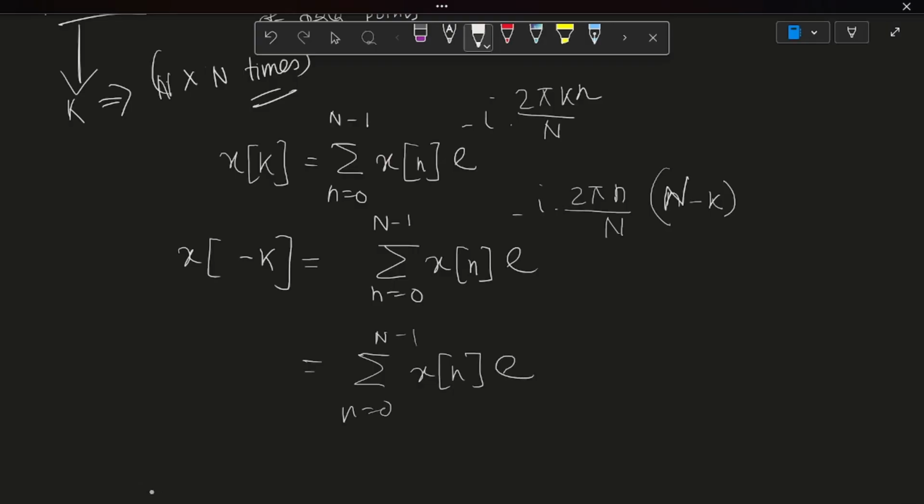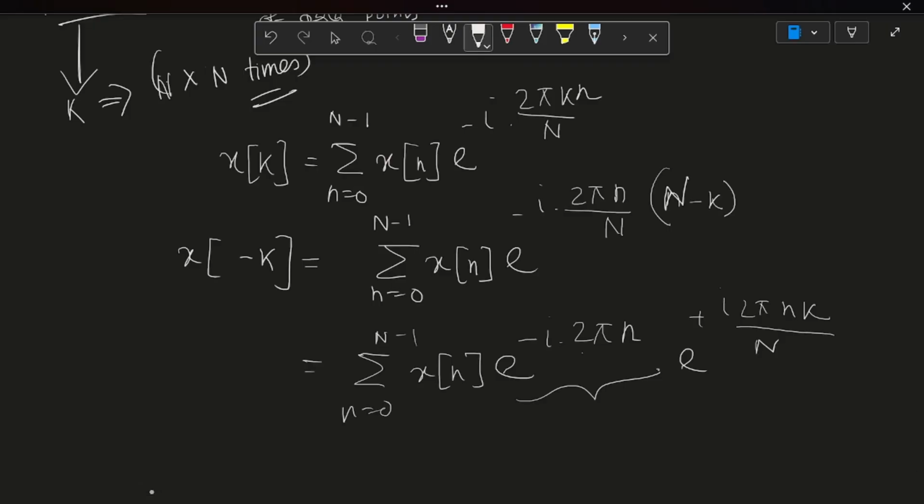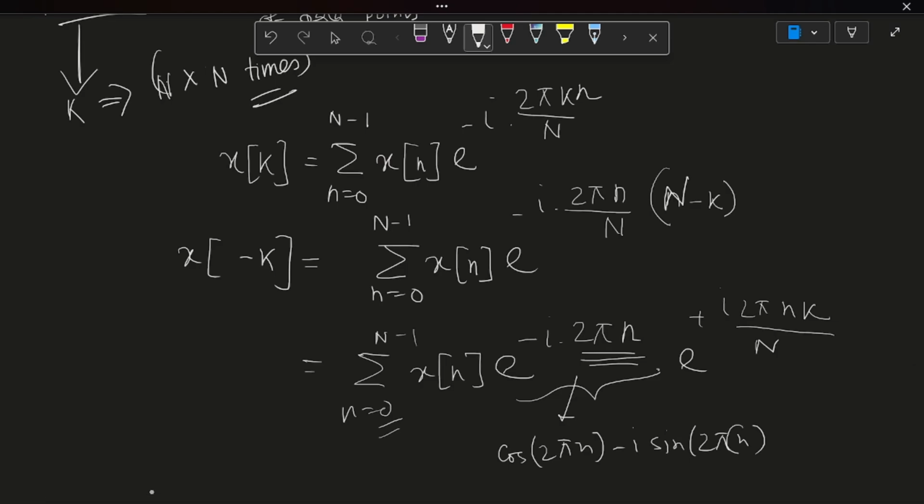For the first term, this N will cancel out. So we have e to the power minus i 2 pi n, and we multiply with minus i 2 pi n k by N. But the first term gives the value 1, since n is an integer, we can expand it as cos 2 pi n minus i sin 2 pi n, and since n is an integer value, it gives 1.